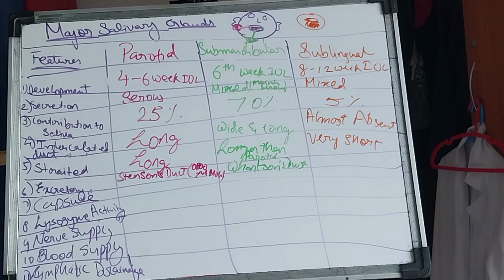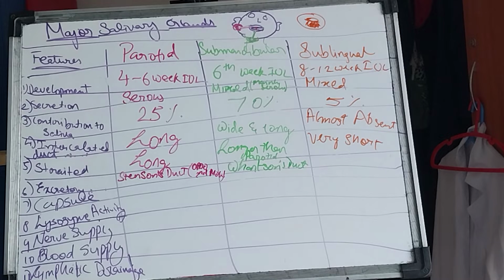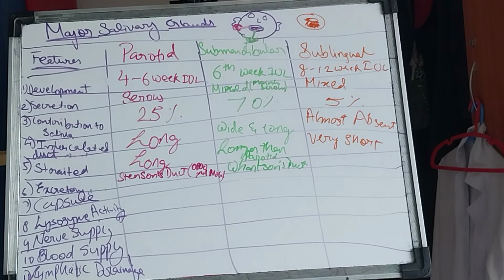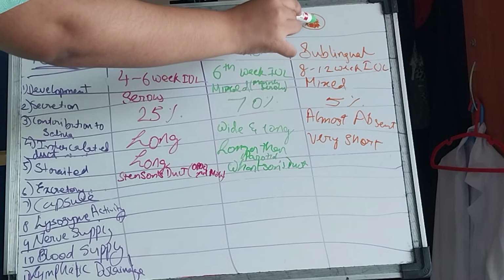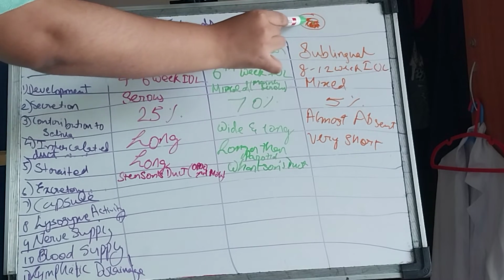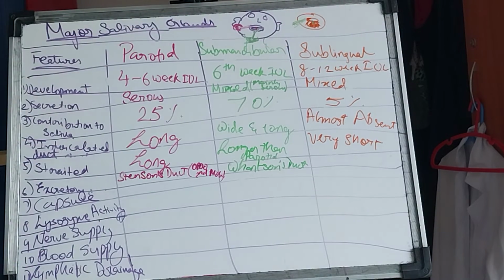What is the lingual frenum? That is nothing but the tongue tie. When you lift your tongue, you see the attachment of the tongue. That is the lingual frenum. So the duct of the submandibular gland opens somewhere here, lateral to the frenum. You have to imagine it, or see the atlas to understand.